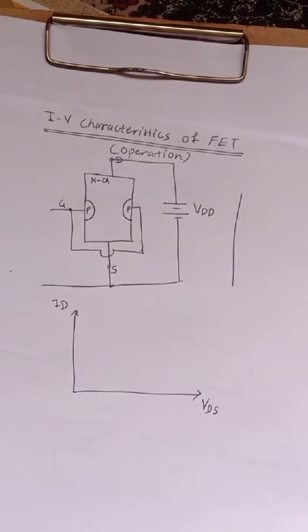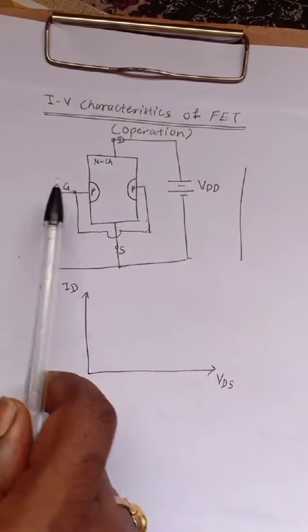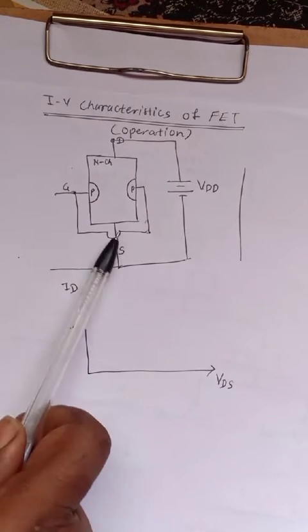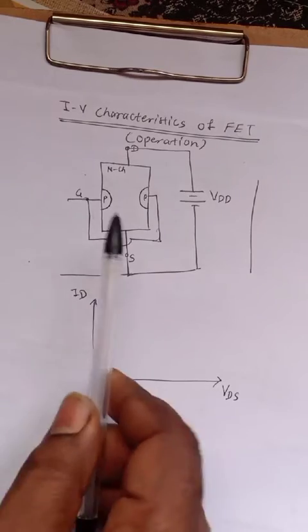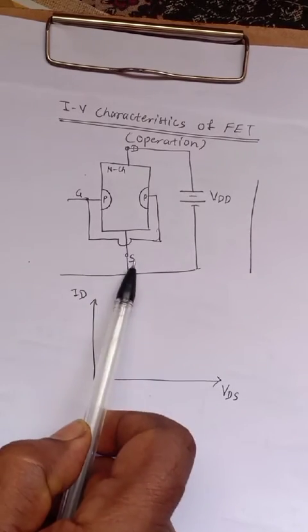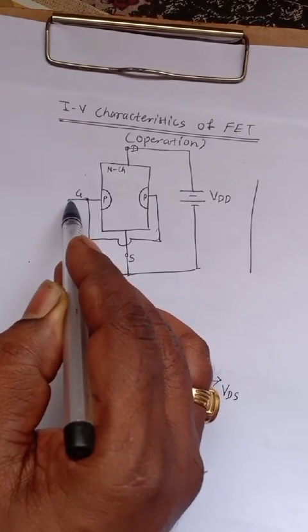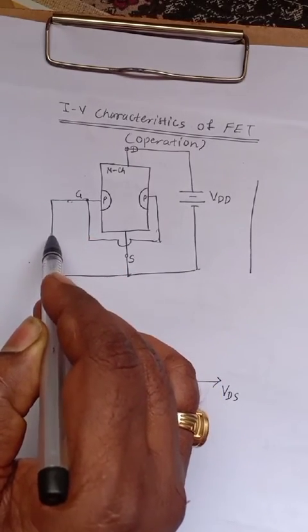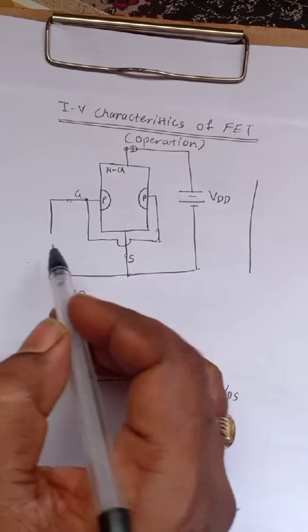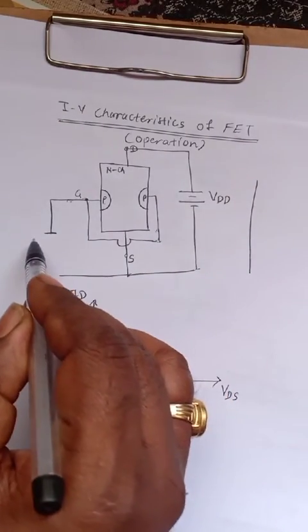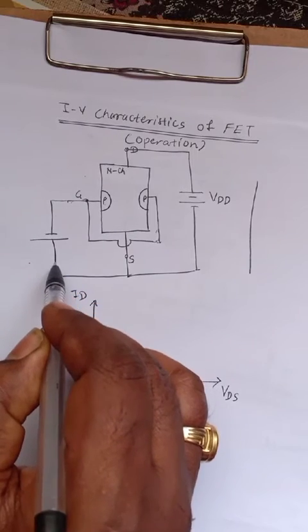Another thing is, always connect a reverse bias between gate and source. This gate is of P type and source is of N type, so you have to apply a reverse bias. Reverse bias means P is at negative potential and N is at higher, positive potential.